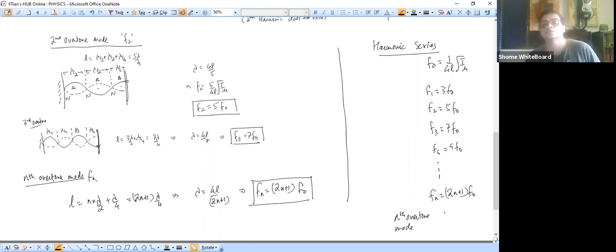It has a frequency equal to the 2n plus 1th harmonic of the fundamental.